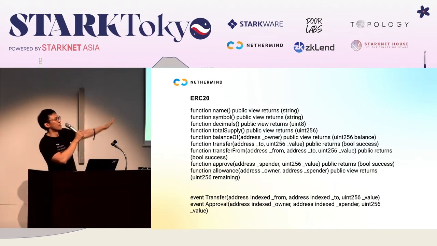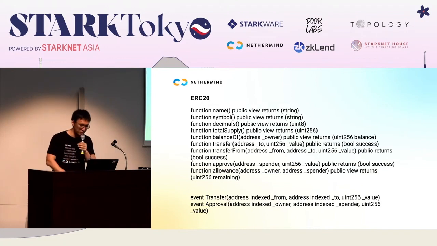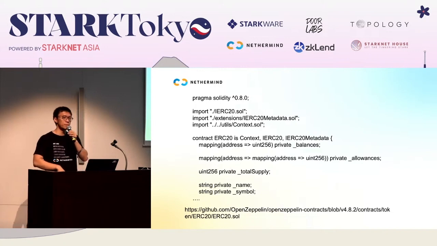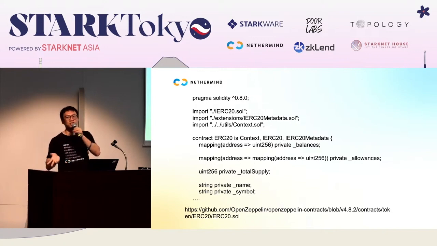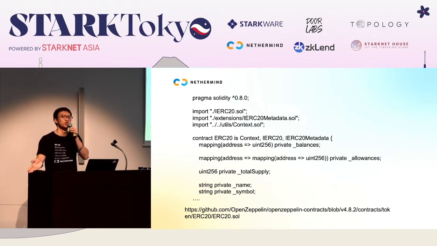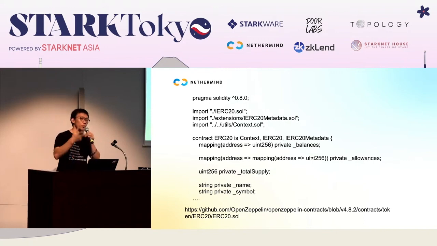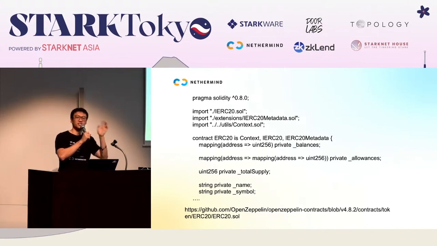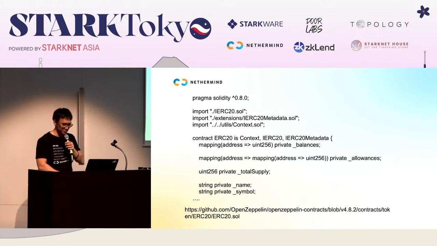Remember this, and I'll repeat them later. The example I used to rewrite is OpenZeppelin's ERC20 library, because I'm pretty sure every one of you uses OpenZeppelin in some way or another, and I just have to rewrite every part of it in Cairo1. So let's see how we do that.